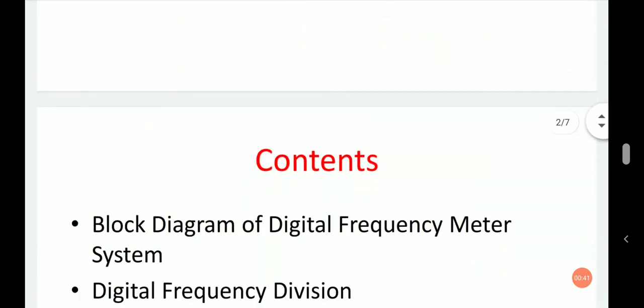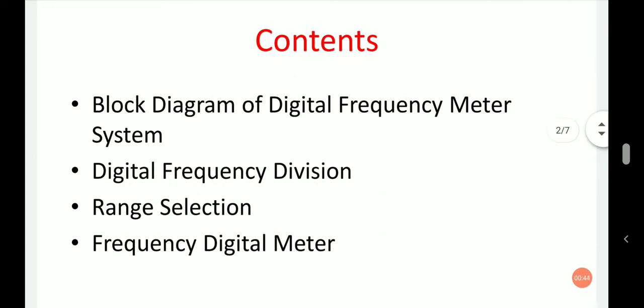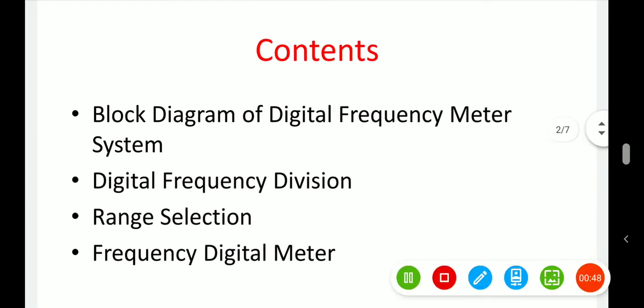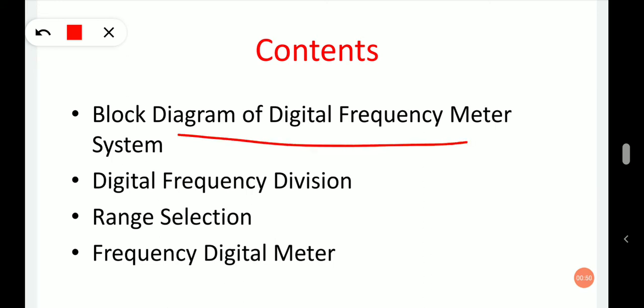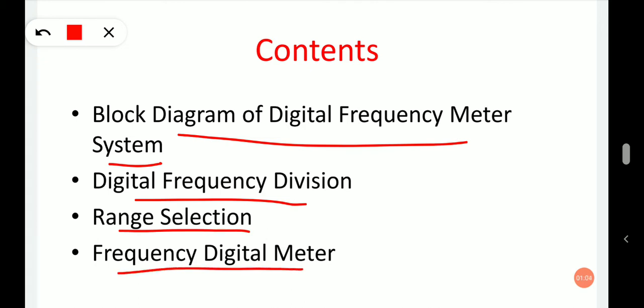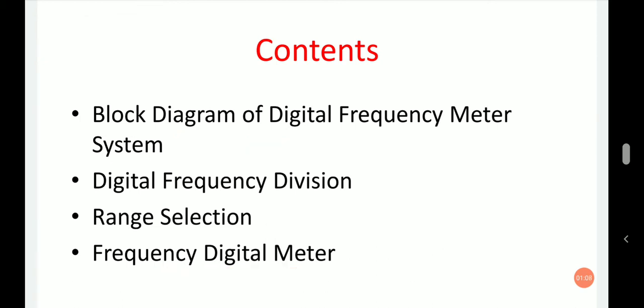So these are some contents of this video. Block diagram of digital frequency meter system, then digital frequency division using cascaded flip-flops, then range selection for frequency meter, and digital frequency meter with cascaded arrangement of decade counters.